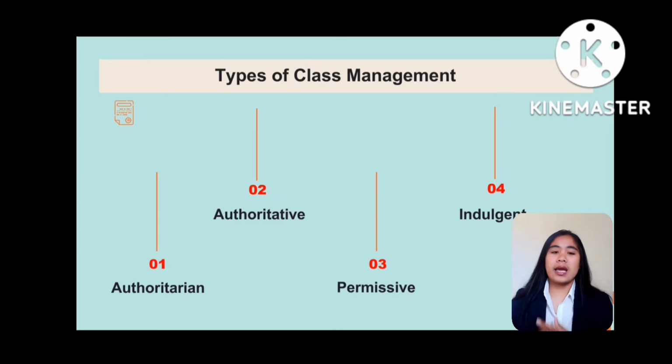The fourth and the last one is indulgent. The indulgent classroom management style is described as a high level of involvement but a low level of control. The teacher gives students the freedom to express themselves, but due to the lack of control, the class is taken over by students and lessons tend to get off task.